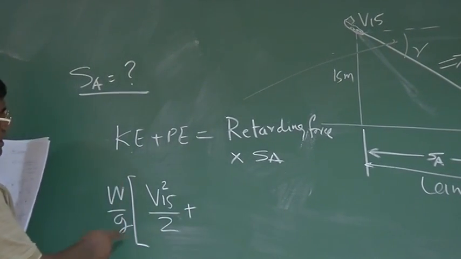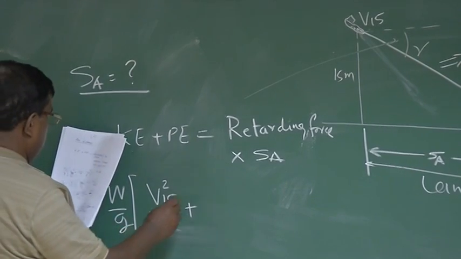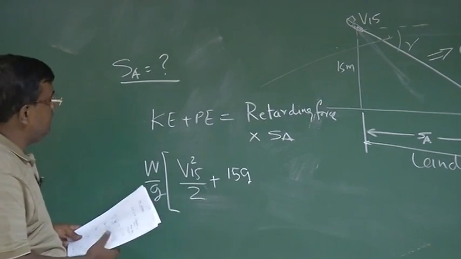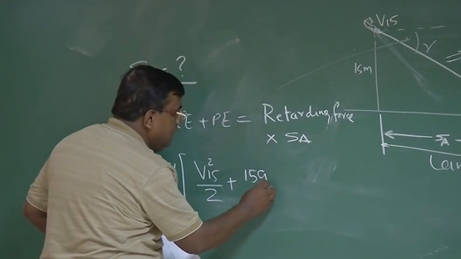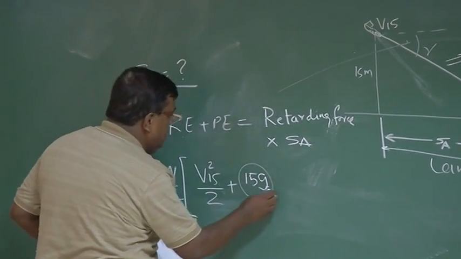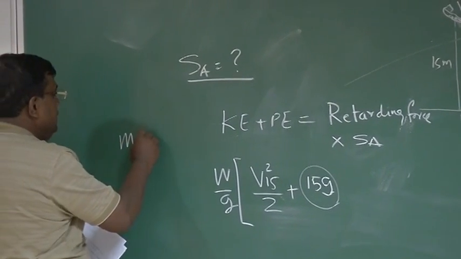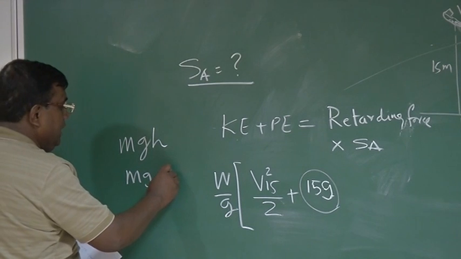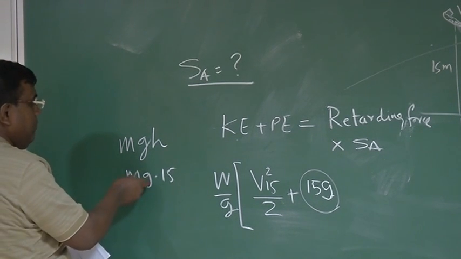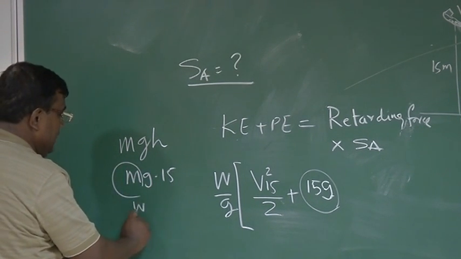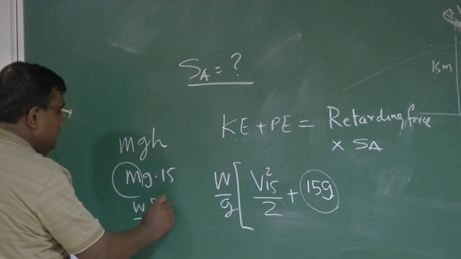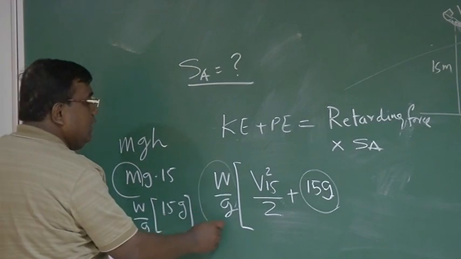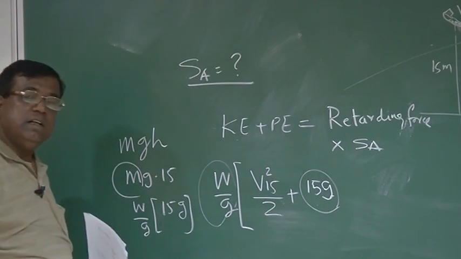M is outside, so I have to write 15 gh. This term will be m g h, so it's m g into 15. What is m? M is W by G. So W by G into 15G. So it's potential energy.